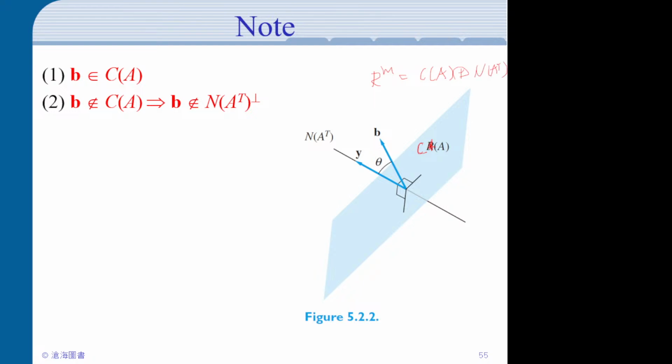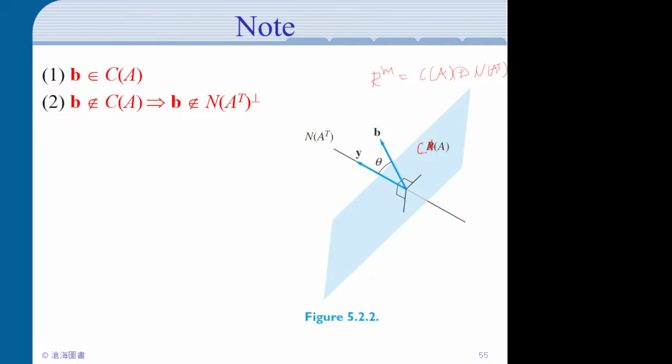So every vector b can be written as some component inside the column space plus some component inside the null space of A transpose. And so there are two cases. Either the component on the null space is 0, then b is inside the column space.